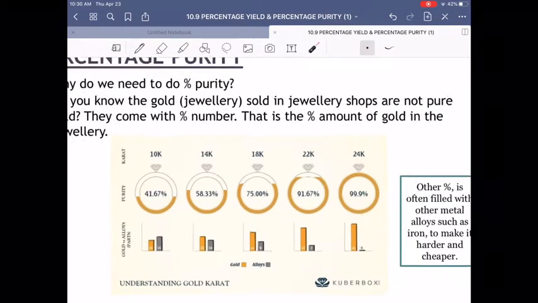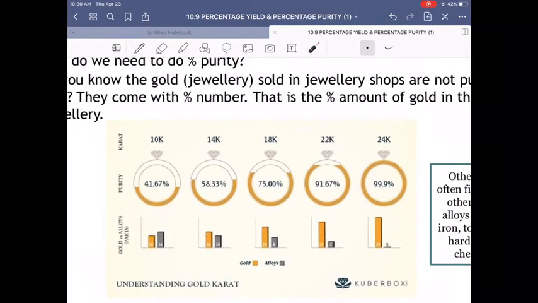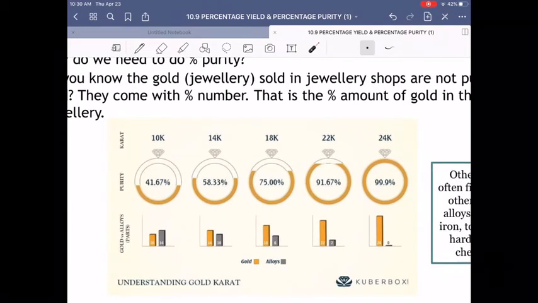For example, the most common jewelry used here in the market is 91.6 or 91.7%, which is the 22K. The one often used here from the bazaar is usually the 18K, the Korean gold. This is the amount of gold present in that jewelry.